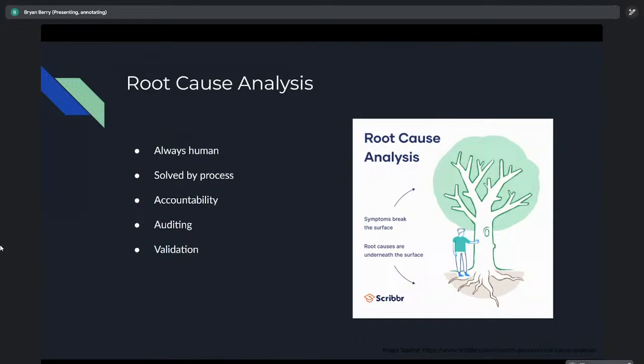Sometimes if it's a security thing, it might be a security person who's in charge of it. Or sometimes if it's a code quality thing, maybe it goes to the engineering manager, right? But in any case, you define some kind of process to prevent the human error from happening in the future, and you make sure that someone owns that process, and you make sure that they know that they own that process. You need to make sure to communicate these things.